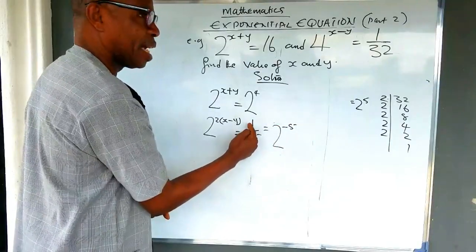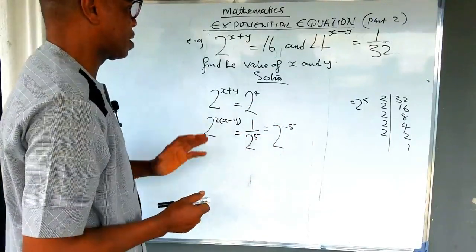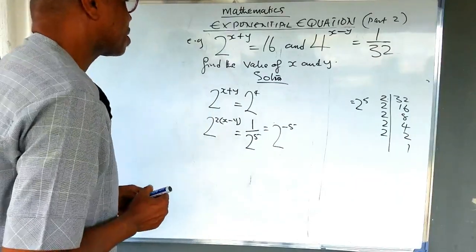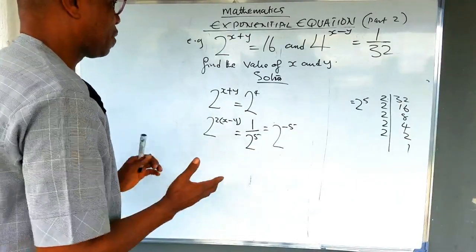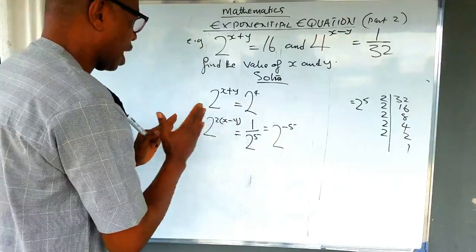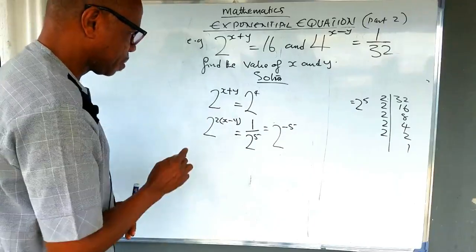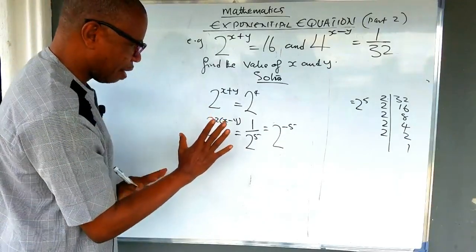So this means 2 raised to the power minus 5. Okay, so with this, the whole thing is almost half solved. Like I said, if you can get to this point, you can always tackle the exponential equation.